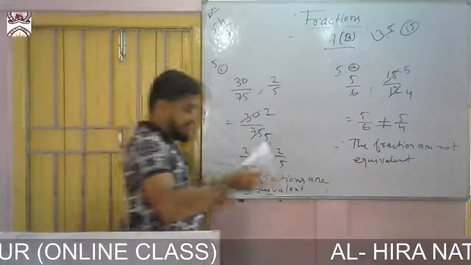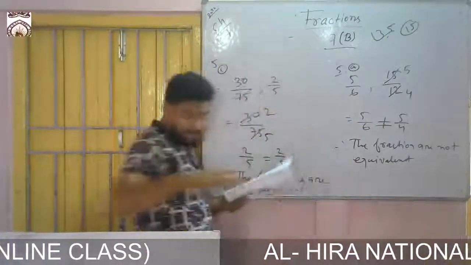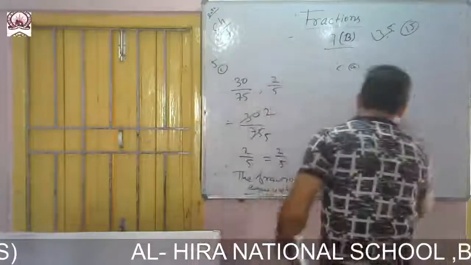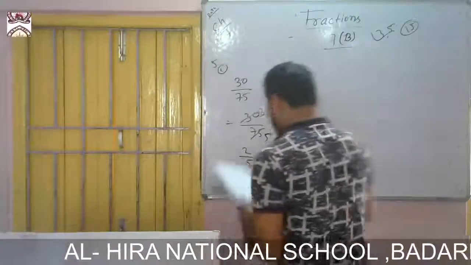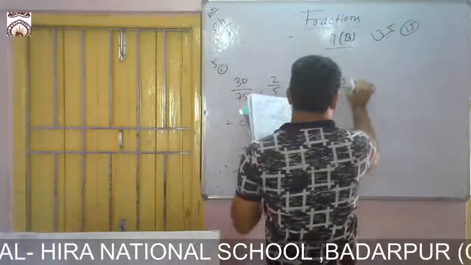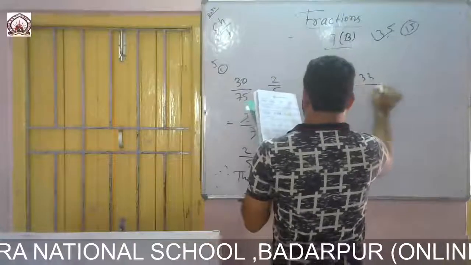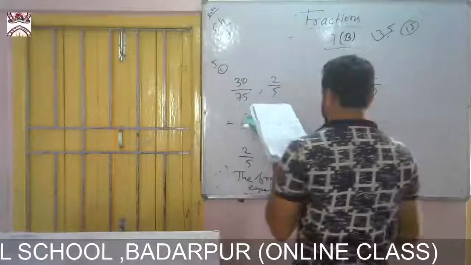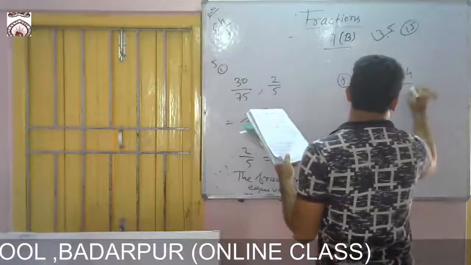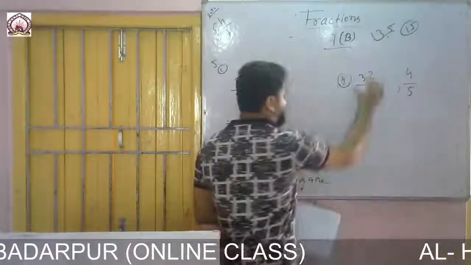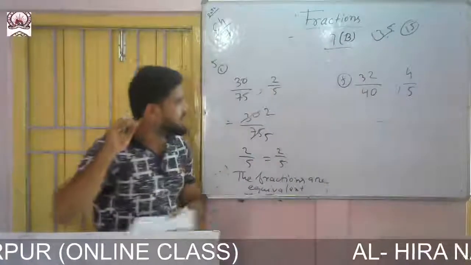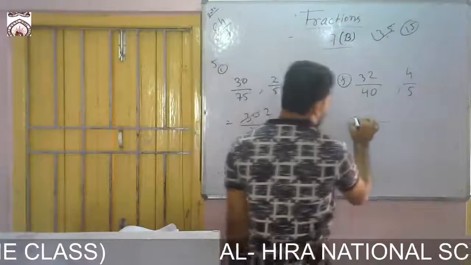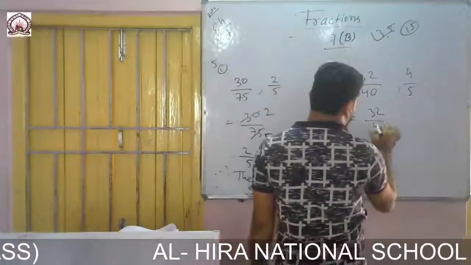So let me do the last one, number F, 5F. 32 by 40 and 4 by 5. So after cancelling this big fraction, I need to check whether this matches with 4 by 5 or not. So write 32 by 40.